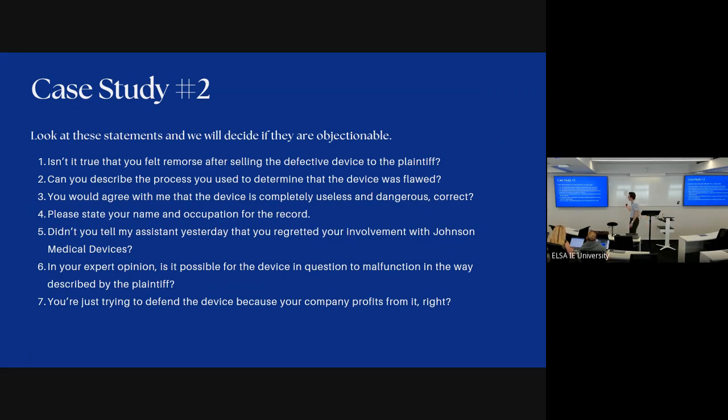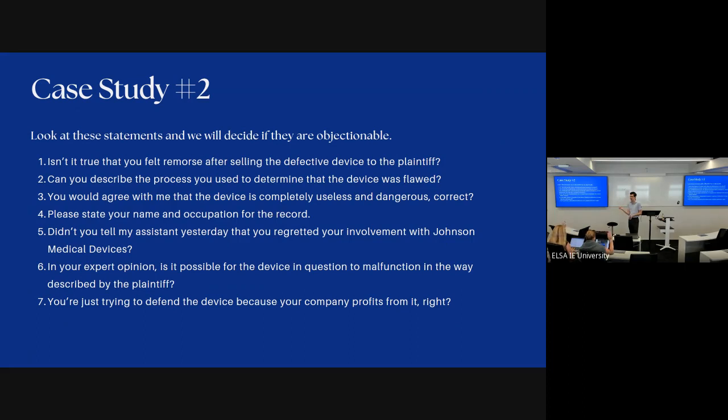Okay. All right. Question one: isn't it true that you felt remorse after selling the defective device to the plaintiff? First of all, raise your hand if you think this can be objected to.